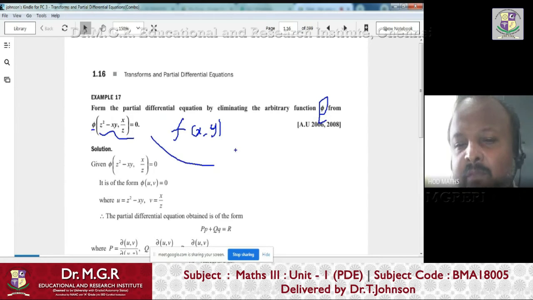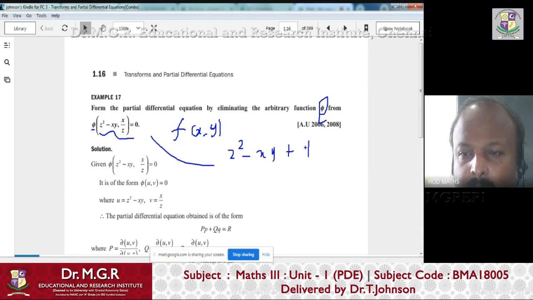It may be of the form z square minus xy plus x by z equals to 0. Simply adding two terms, you will get one equation. It may be like this.